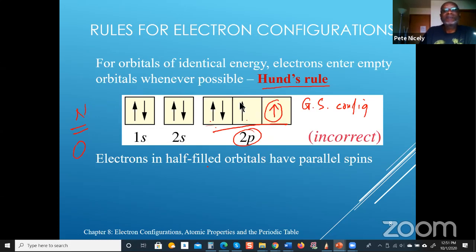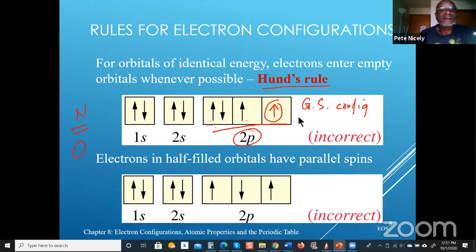This must be spinning in the same direction as the other two electrons, which were already occupying other 2p orbitals separately, all right? So this would not be the ground state configuration for nitrogen, right? Because this electron here is spinning in the opposite direction compared to these two electrons already occupying the 2p sublevel. So this would be an excited state configuration. It's not the lowest energy configuration.